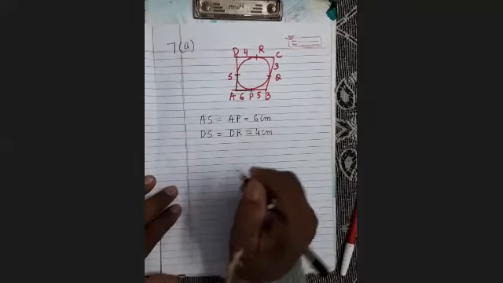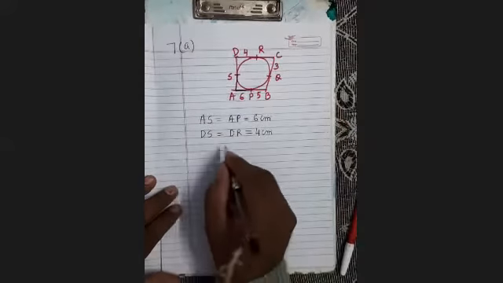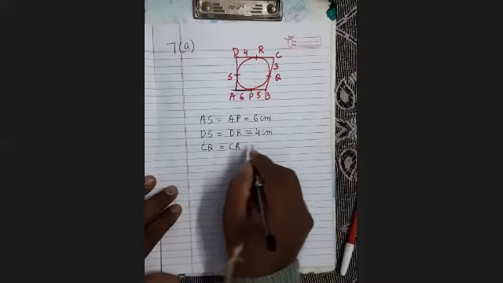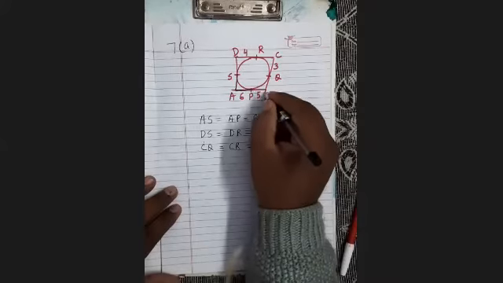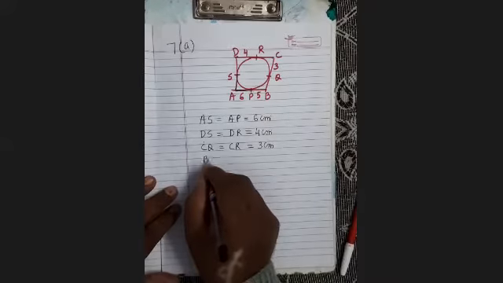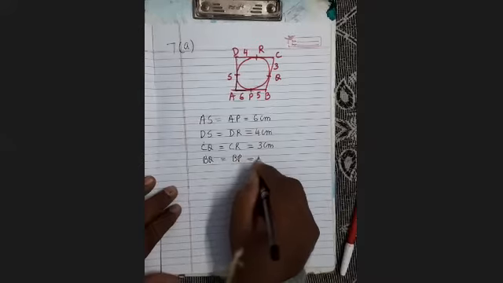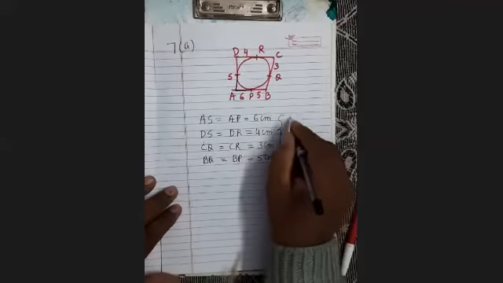It's clear. Then CQ and CR will also be equal. CQ equals to CR equals to 3 centimeter, and BQ equals to BP equals to 5 centimeter. What is the reason for all these?